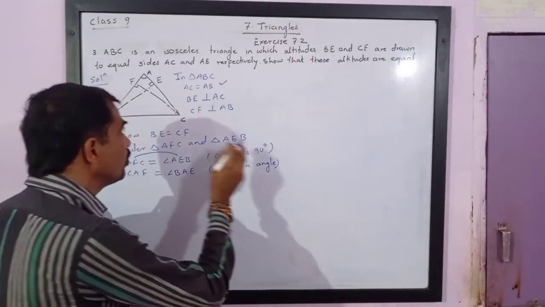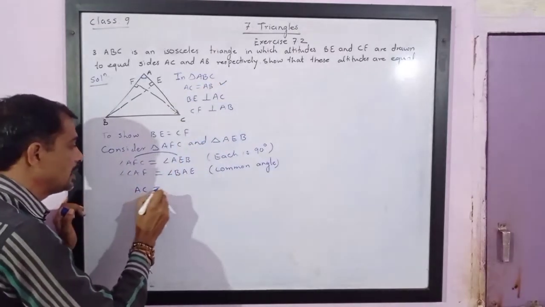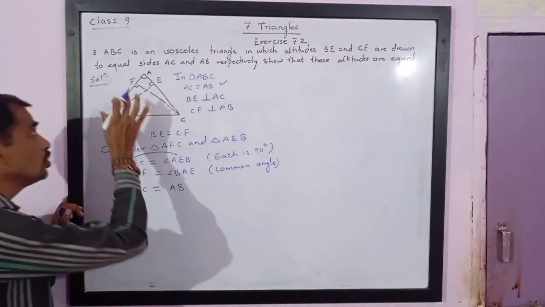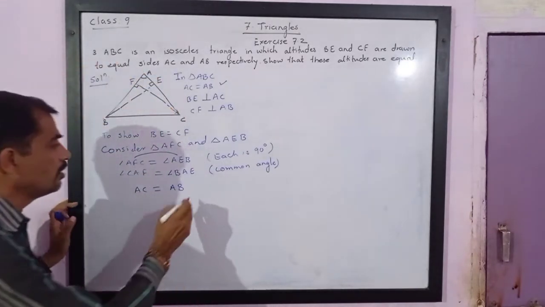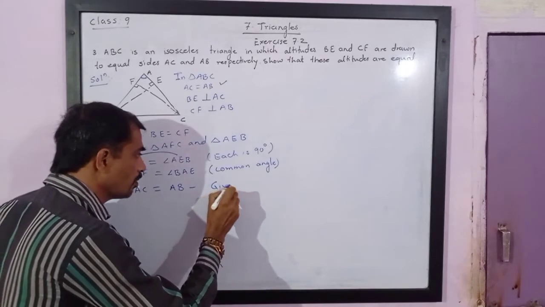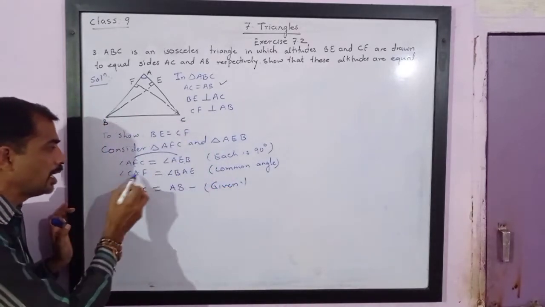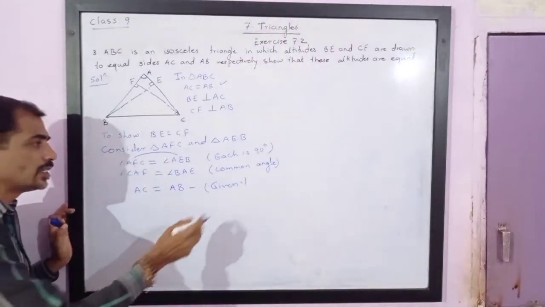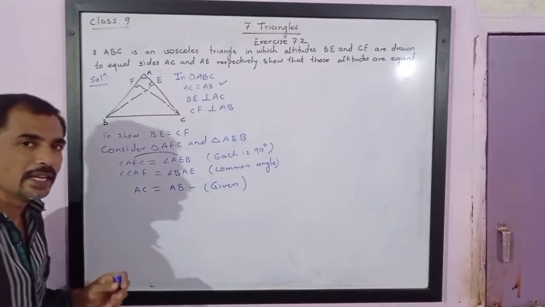Now look at the figure. We are given that AC is equal to AB. So in these two triangles AC is equal to AB. This is given to us. It means two triangles are congruent by angle side test.